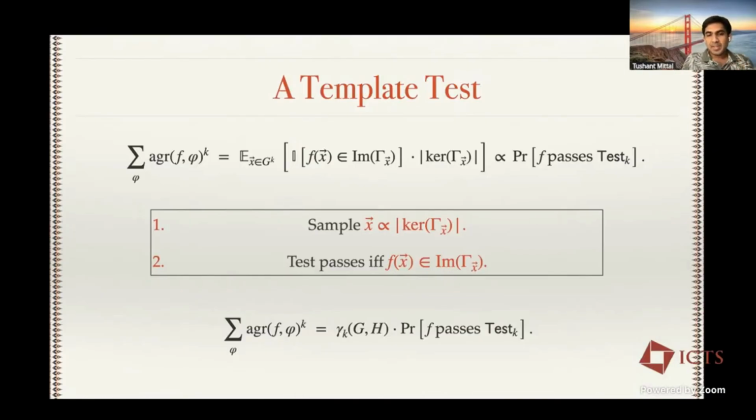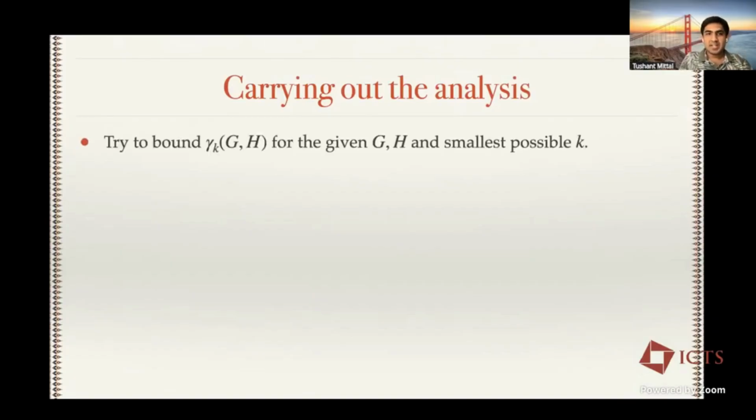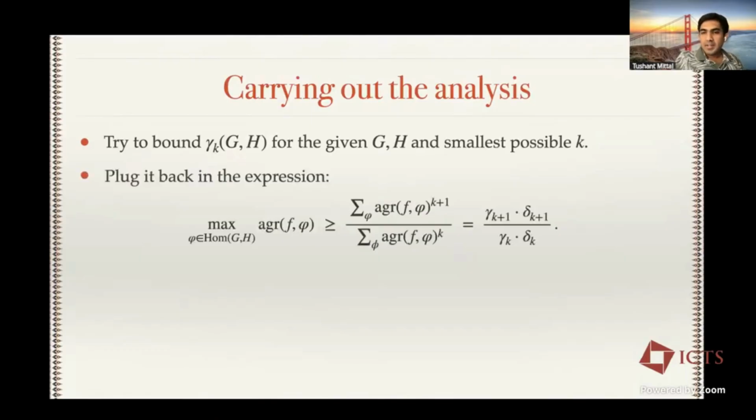Now all you have to do is compute these constants gamma k for your favorite groups G, H. So the general recipe is as follows: you have this defined test, and you try to bound this for the smallest possible k you can. Sometimes for smaller k's this quantity can be large, but for larger k's you can get better results. You just plug it back into this kind of an equation, and you get some result.